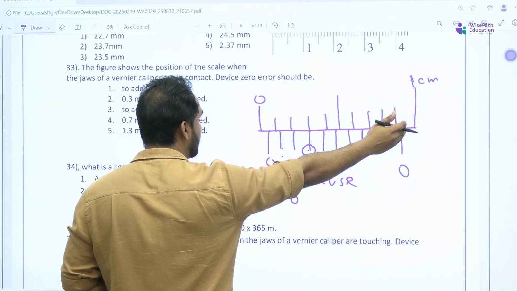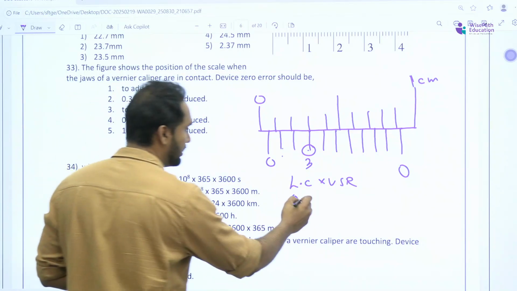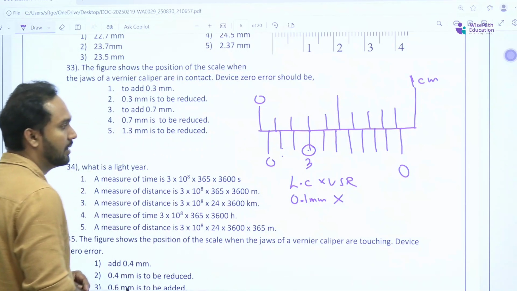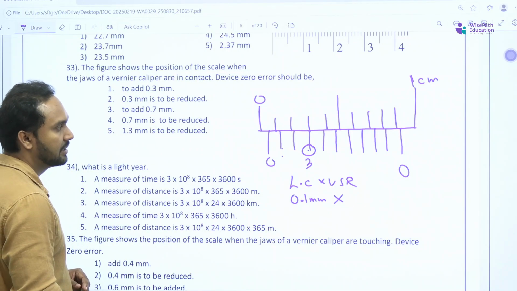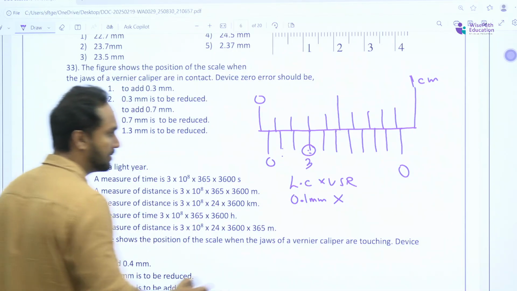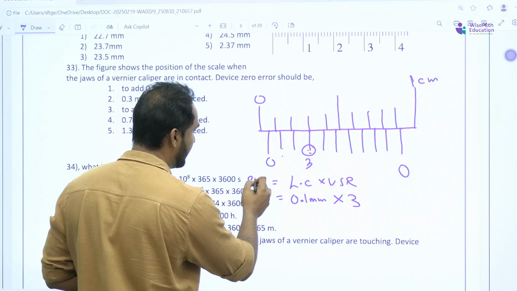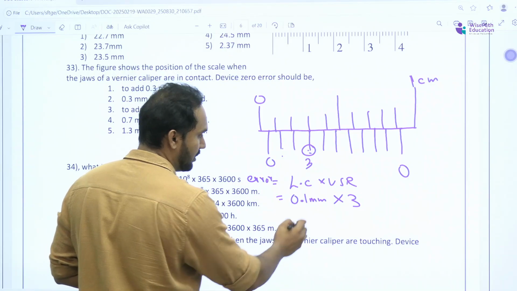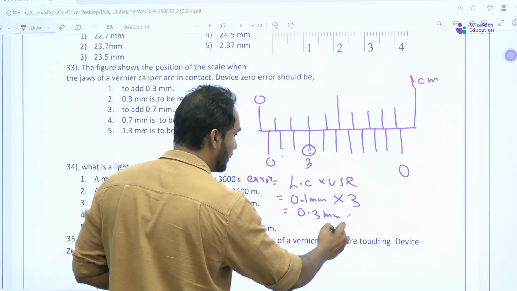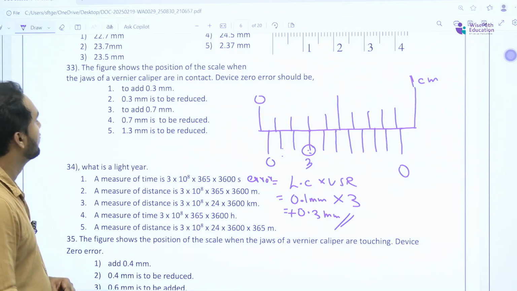It's 9 divisions of main scale aligned with 10 divisions of the vernier scale, so it's 0.1 millimeter of a least count multiplied by the number of vernier scale lines aligned. The third line has aligned, so you multiply it by 3. Now this should be the error, isn't it? That is 0.3 millimeters, a positive one, right?